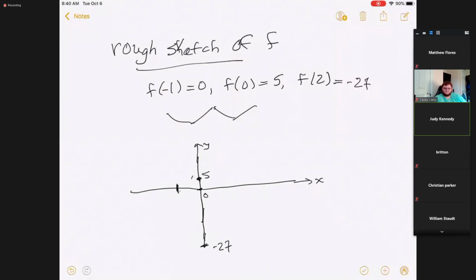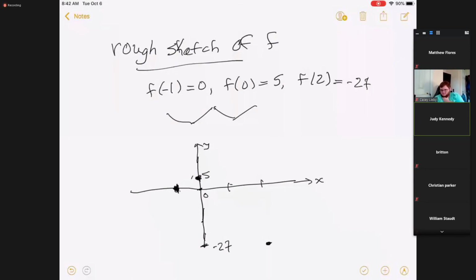So this is actually a point on the curve. F of 0 is 5. That's a point on the curve. And F of 2 is minus 27. That's a point on the curve. Notice that when I'm actually getting points on the curve, I go back to the original function. That's where all the points on the curve come from.